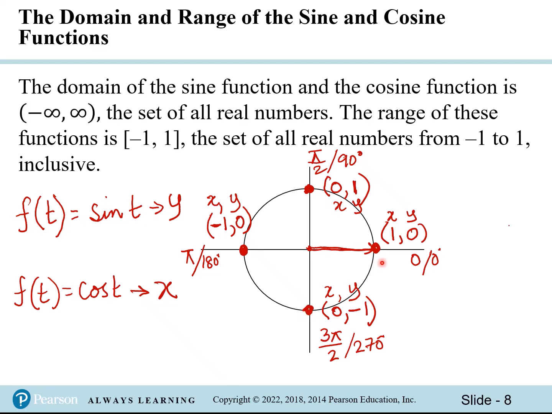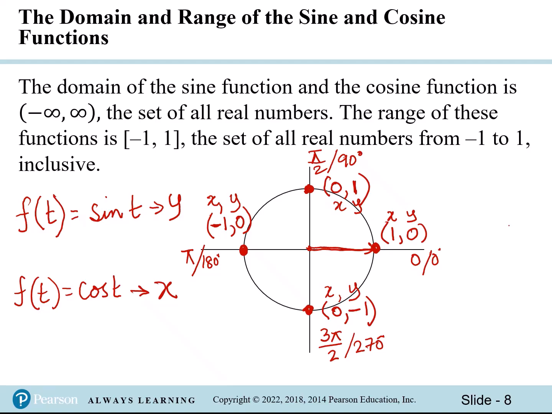So the lowest that cosine can be is a -1. The highest that it can be is a +1. And that is the reason we say that the range of these functions will be between -1 and +1 inclusive. It does not extend beyond that range, right?